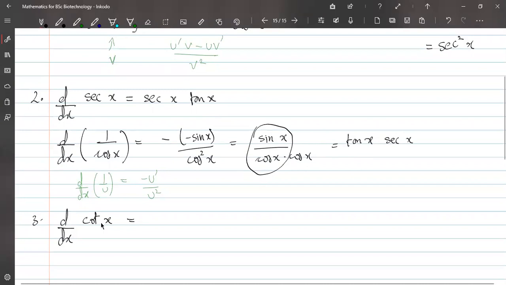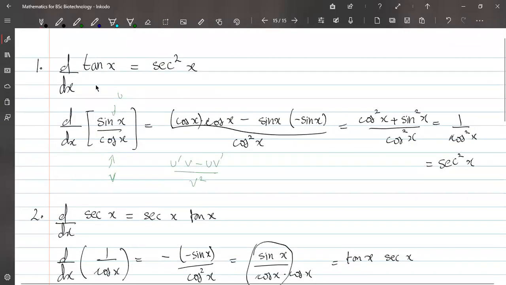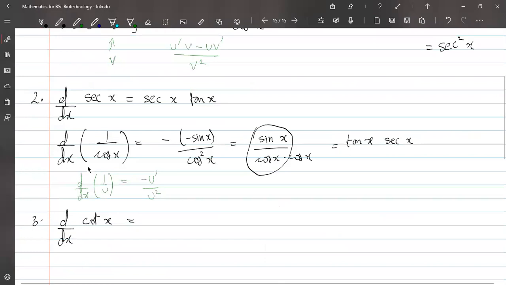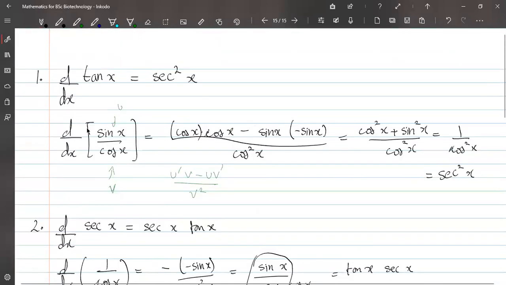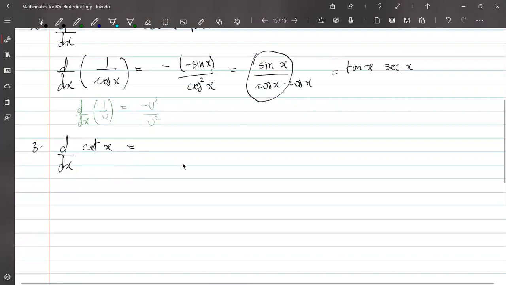Either you can write cot x as 1 by tan x and then apply this thing, or else you can basically redo what we did here, but in the other order, because cot x is cos x divided by sin x. So both of these are options. I encourage you to try both, but if you're feeling lazy, you can just do one of them and find the answer. Answer I'll write here.